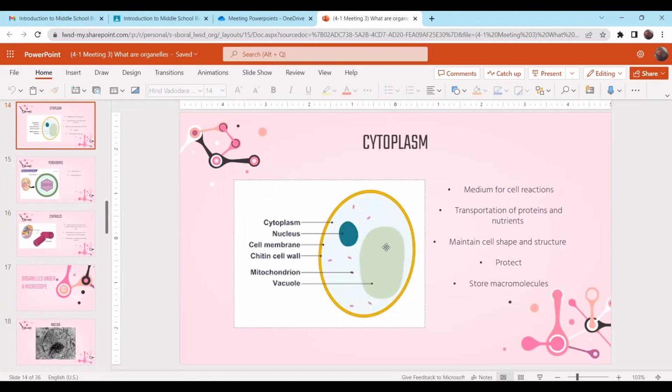So it's like the medium for everything to happen. All the organelles are inside the cytoplasm, all the proteins are inside the cytoplasm. Everything happens in the cytoplasm. It stores macromolecules. It basically protects the cell. Because imagine a cell with just the organelles stacked on top of each other. If there's any mechanical stress outside the cell, it can crush it or ruin the cell.